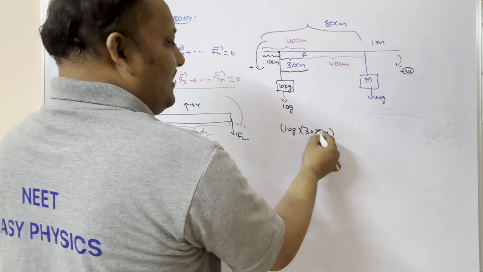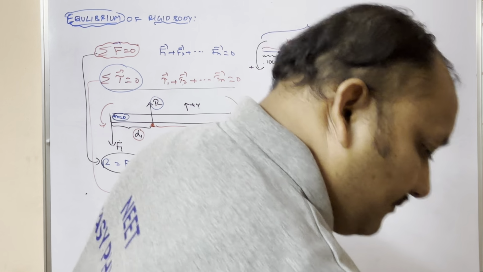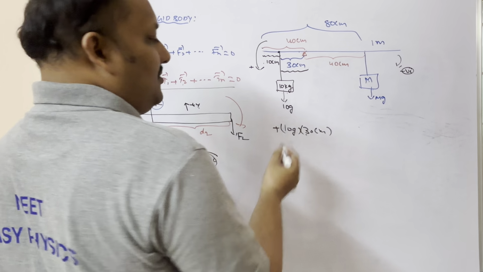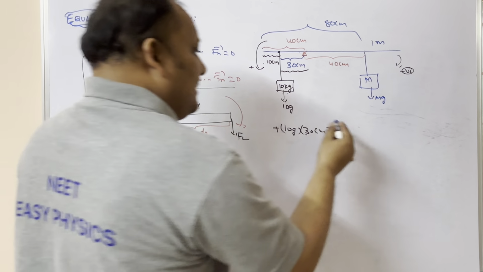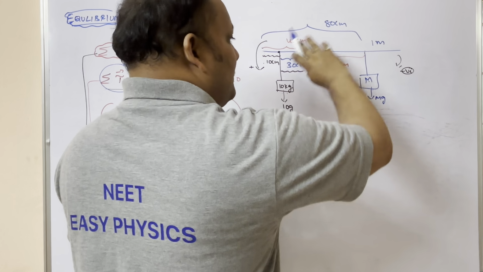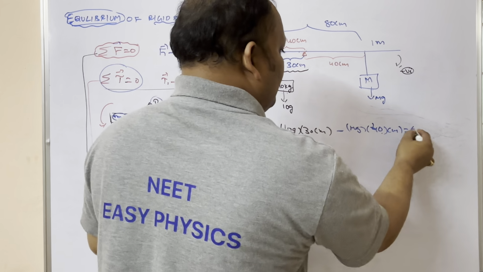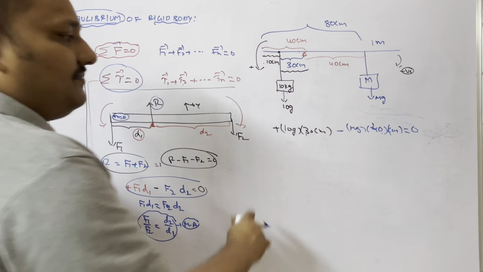So units also you can write, centimeters, so as not to get confused. Is this positive or negative? Positive. Next, this is negative. Therefore, minus mg. mg is at 40 centimeters, 40 centimeters should be equal to 0.